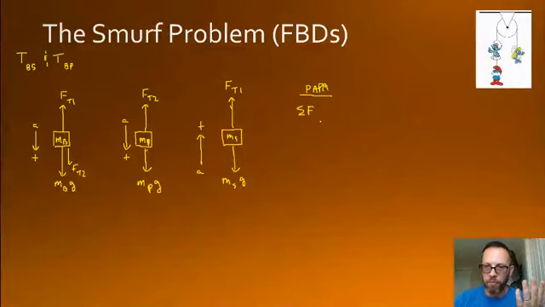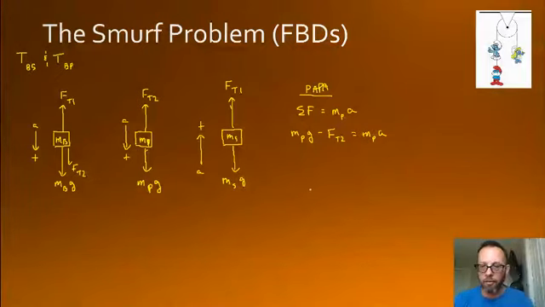I'm just going to leave it as the sum of forces equals the mass of Papa Smurf times the system acceleration. And careful with our sign convention here. We chose down to be positive. So it's gravity, mpg, in the positive direction, subtract FT2, and that equals mpa. So thinking about things we don't know, we don't know FT2, and we don't know a. That's two things we don't know.